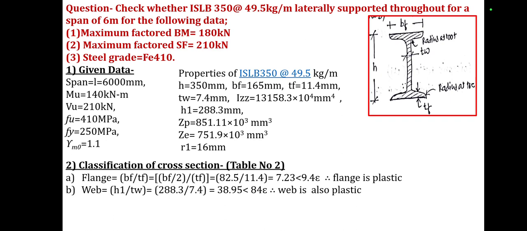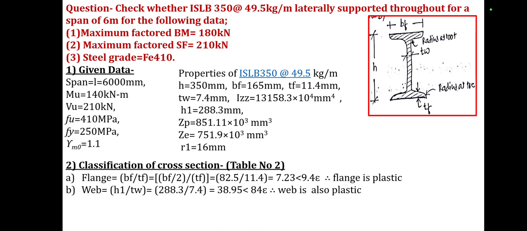Here Bf is equal to 165 mm divided by 2, and the whole is divided by Tf, and hence our value of flange criteria is 7.23 and it is less than 9.4 epsilon. Hence our flange is plastic.